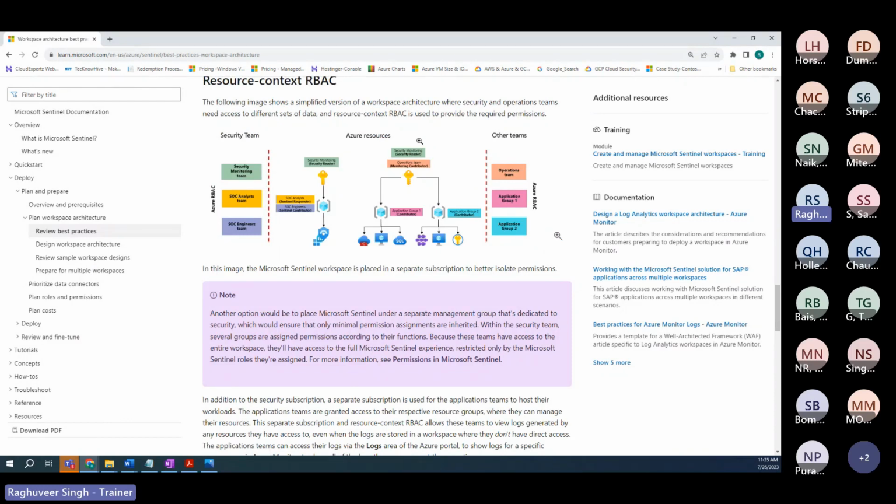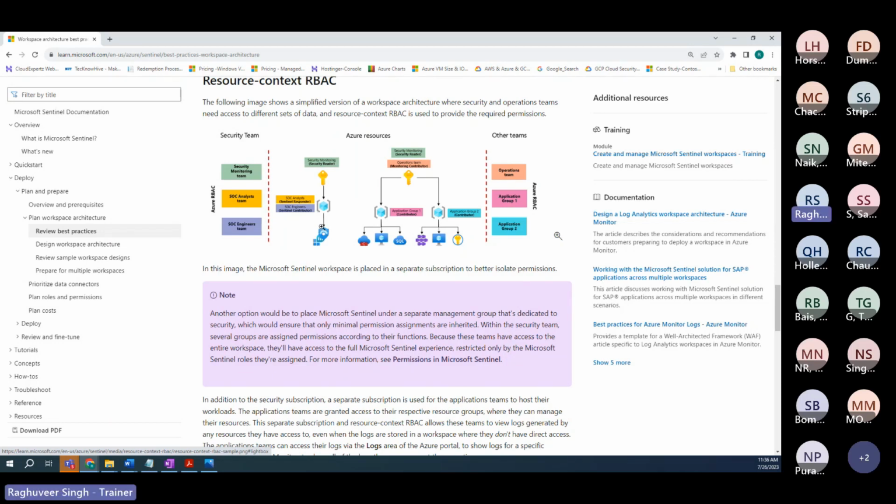Your security team comprises the security monitoring team, SOC analysts, and SOC engineers. Now your environment comprises security monitoring. This is the RBAC. You have the security monitoring reader role, which you have allocated to the resource group containing the Sentinel workspace.